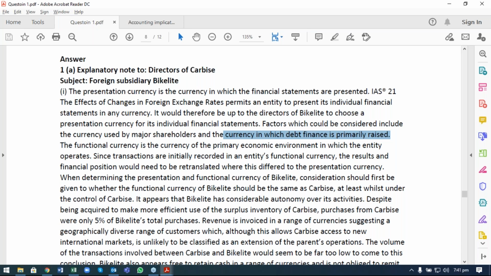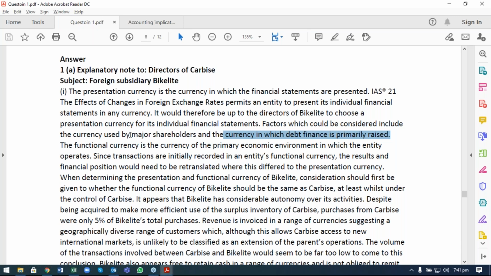But IAS 21, again I'm saying, won't restrict the company from presenting its financial statements in any currency. The only factor you need to consider is the primary currency. That is to make sure we are adhering to the requirements of the framework. The framework says that the information provided to the stakeholders must be relevant to them.